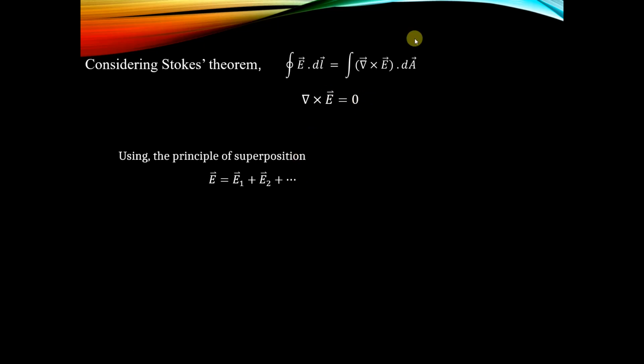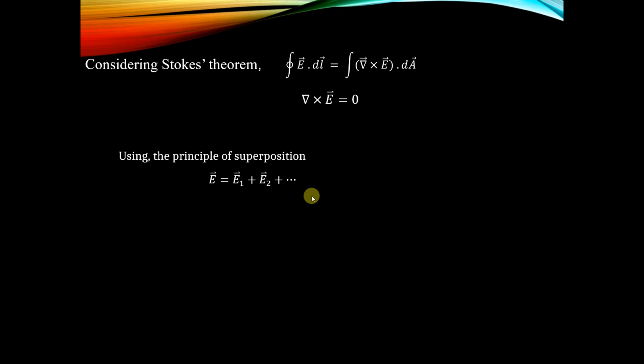And if I bring in the principle of superposition, that is, if we consider many charges, then as we discussed in the previous lecture, the total electric field is just a sum of the fields due to each of the charges.